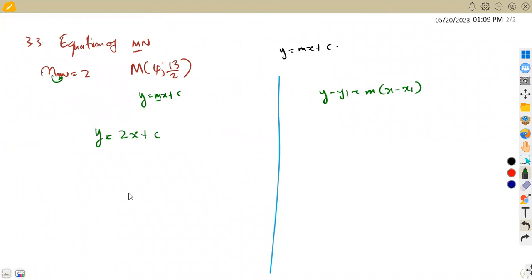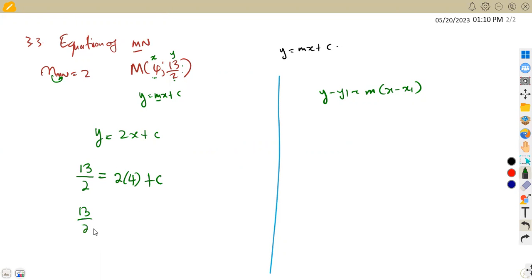So you substitute any point that you're given, and the point that you're given is (4, 13/2) at point M. So this is your x and this is your y. So y is 13/2. You substitute into this equation: 13/2 is equal to 2x, our x in this case being 4, plus c. So we can calculate the value of c.